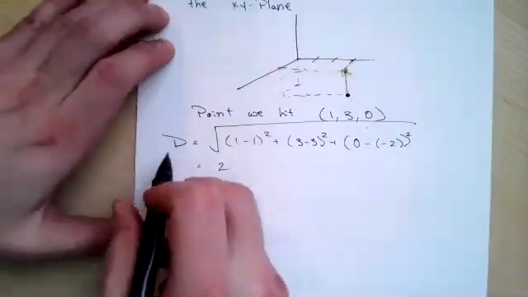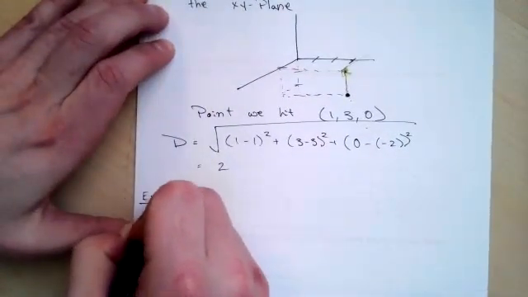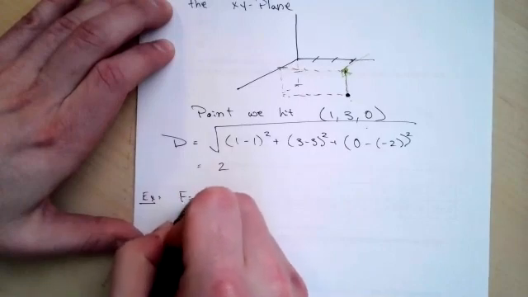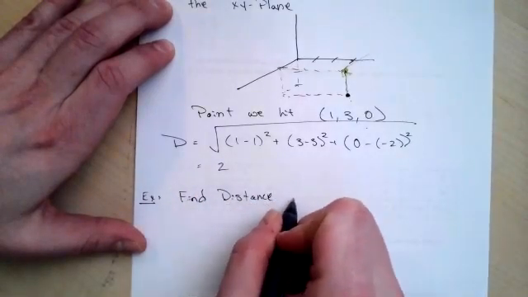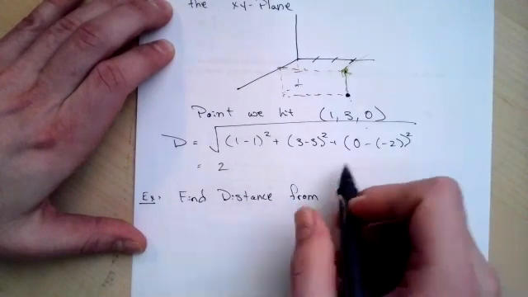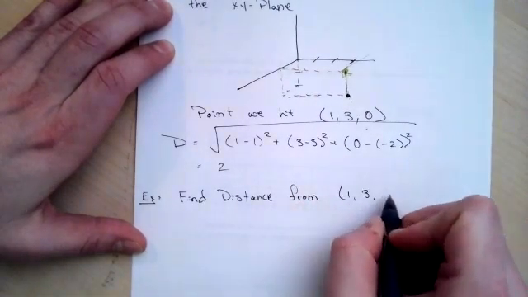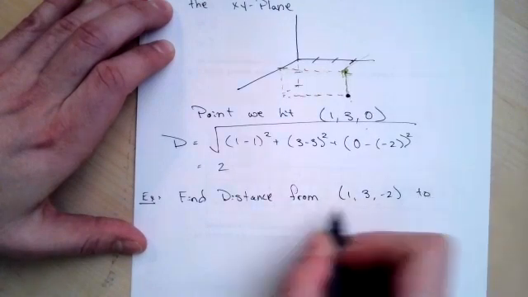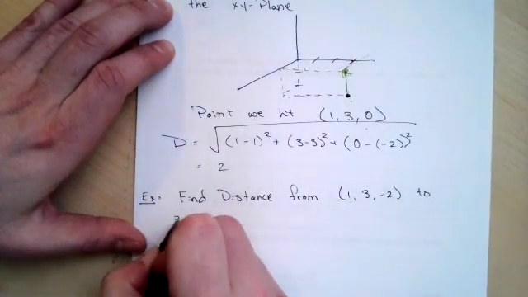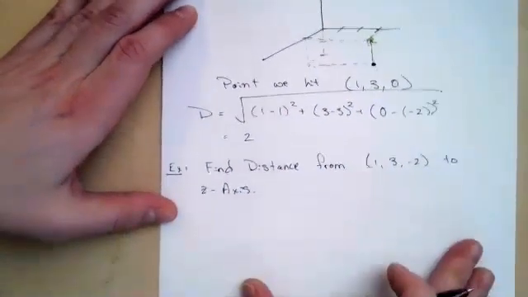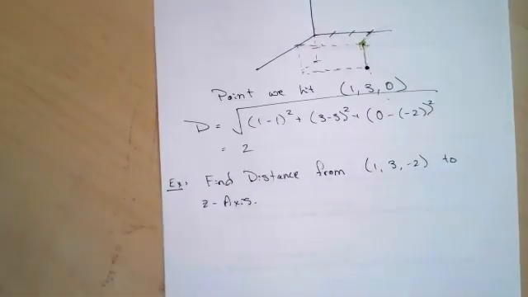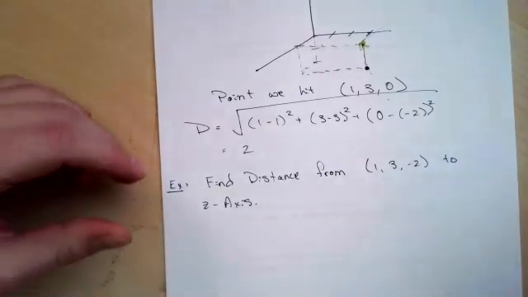If we change our situation a little bit and say, find the distance from (1, 3, -2) to the Z axis, I'm going to go ahead and use the same picture since we've got one drawn. Let's see if I have a different color.